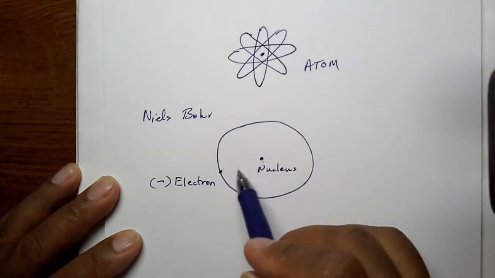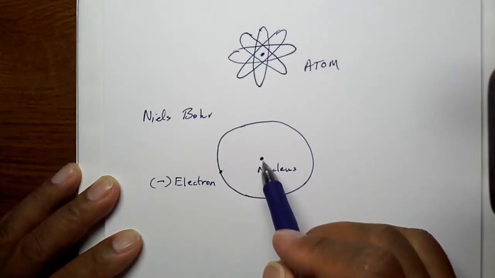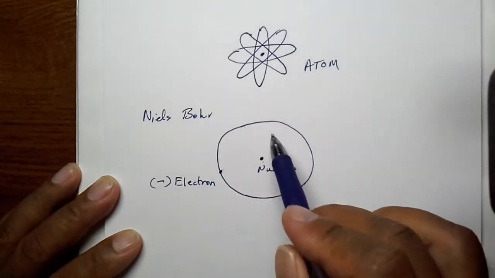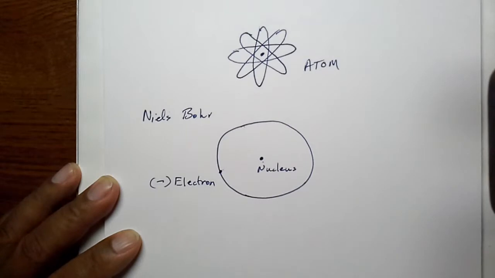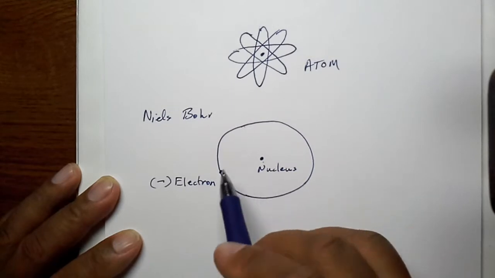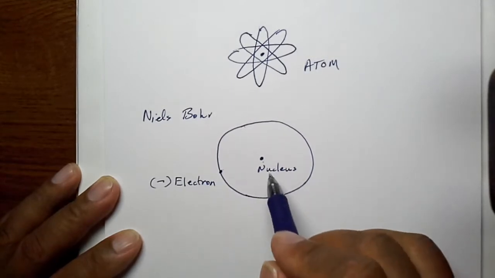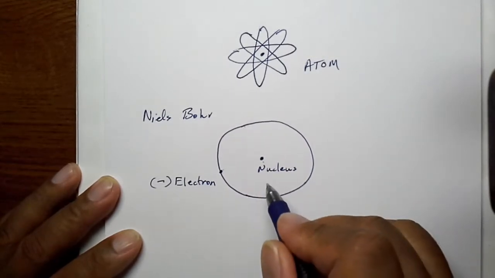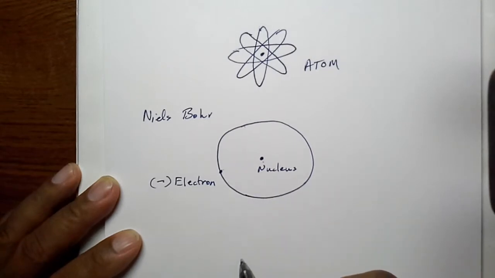This is certainly not representative of it. And as a matter of fact, the size of the nucleus relative to this cloud is much, much smaller than this. But to give you an idea, we have the electron and the nucleus, and what is in the nucleus?